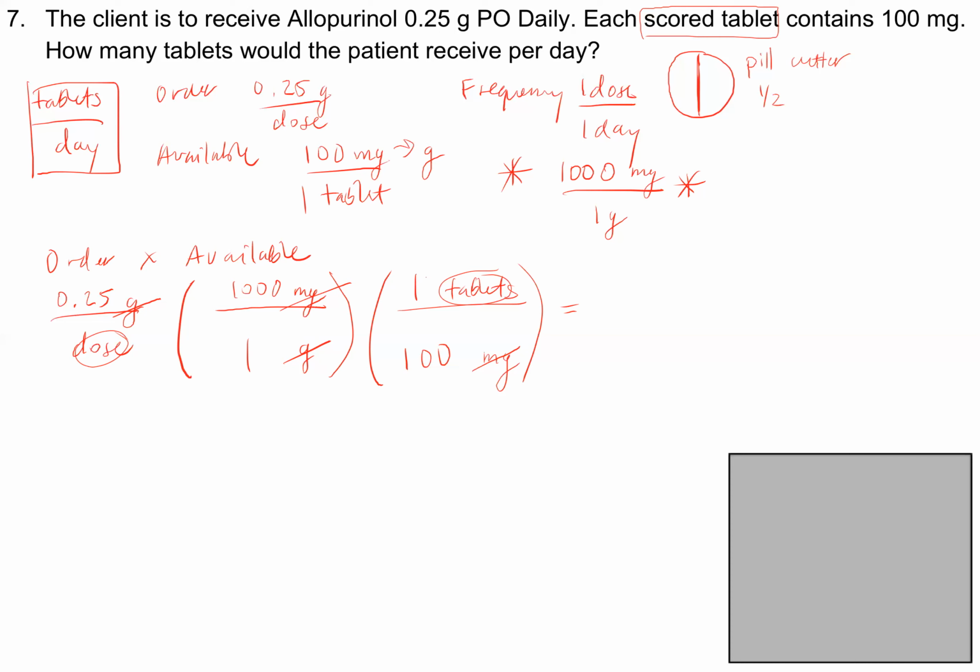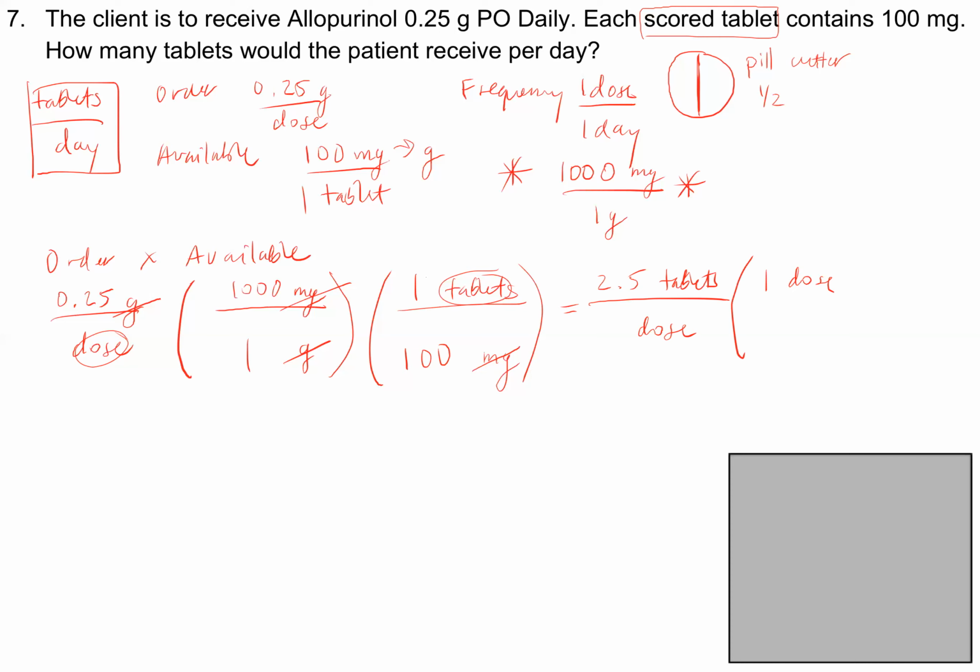So you have 0.25 times 1,000, 250 divided by 100 is 2.5 tablets per dose.